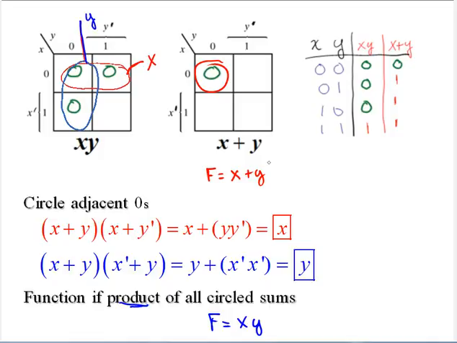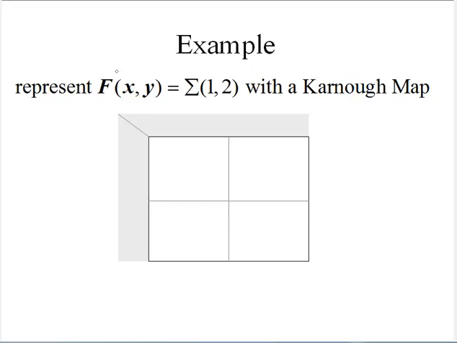So it's a little different when we're looking at the max terms. We encircle the zeros, and we have to make sure when y is equal to 0 and it's a sum term, that gives us a sum term of y, as opposed to a product term of y prime. We're encircling the zeros, so we have to use the sum terms.